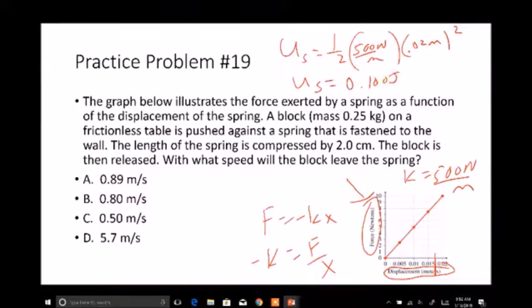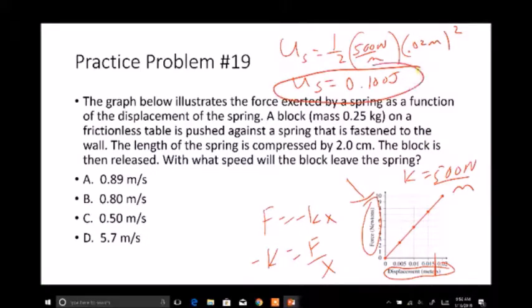So then we let this thing go. The spring is going to stretch all the way out, and at that point, all of the elastic potential energy is kinetic, and the box will then move away from the spring. So at the point when the box leaves the spring, all of this elastic potential energy is going to be kinetic.